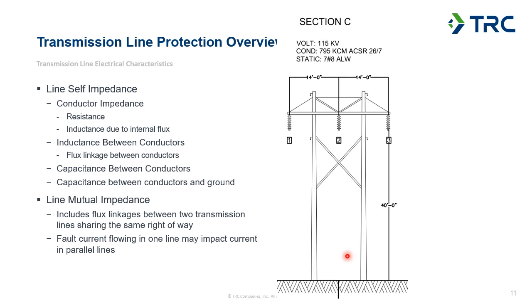The mutual coupling effect is basically that same idea of the flux linkage between the two adjacent transmission lines. So especially when you have high magnitudes such as fault currents, you do end up with a coupling of current flowing on one transmission line or one phase of the transmission line also showing up and impacting the current on the parallel or adjacent lines.